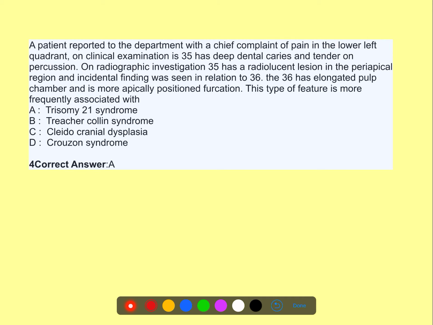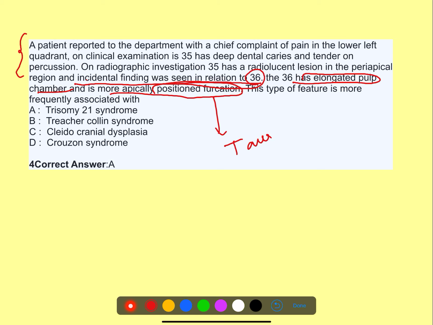This question was lengthy, but the answer lies in the last two lines. The incidental finding seen in relation to 36 is an elongated pulp chamber and a more apically positioned furcation. An elongated pulp chamber or an apically positioned furcation is seen in the developmental anomaly called taurodontism, which is seen as an incidental finding.